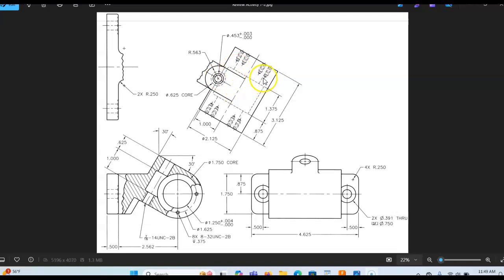And of course, if we talk about lines that indicate size, I'm also seeing a leader line here, extension lines, and dimension lines here as well. So I've got extension lines, dimension lines, leader lines, hidden lines, object lines, and center lines. So I got 6 different line types shown in that particular view for you to go ahead and use as you fill out and answer these questions.